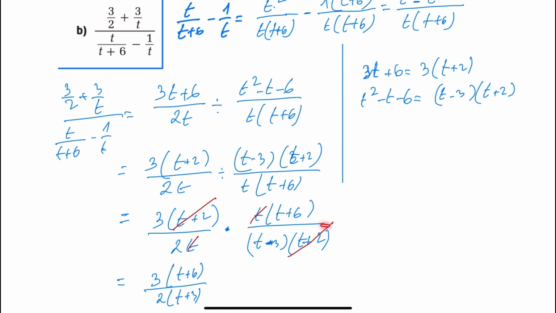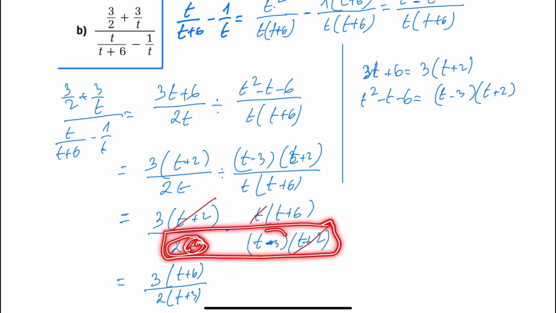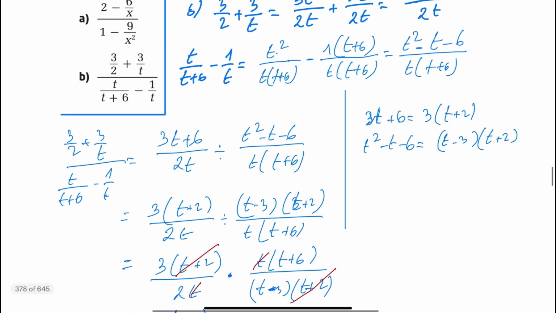For the non-permissible values, I can see from this part of my equation that I am not allowed to have t equal to 0, this equal to 0, and I am not allowed to have t equal to 3, and I am not allowed to have t equal to minus 2. Same thing here, I see that I am not allowed to have t equal to minus 6.